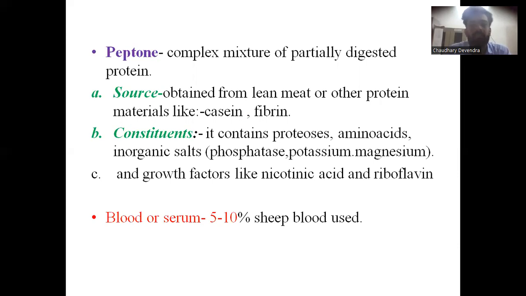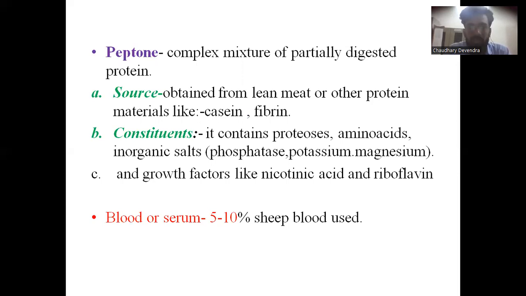It contains proteases, amino acids, inorganic salts like phosphate, potassium, magnesium, and growth factors like nicotinic acid and riboflavin.